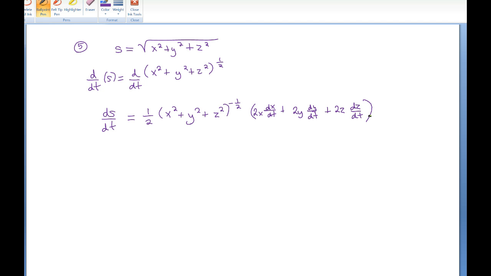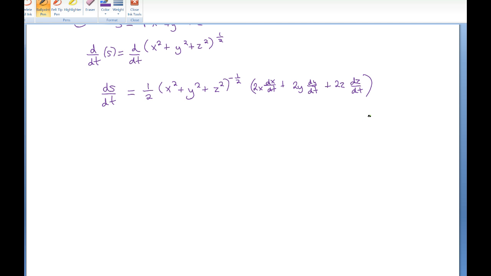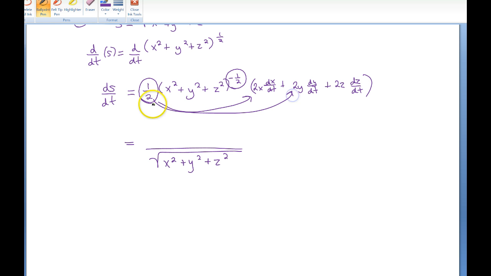That's basically it. Since that has a negative exponent, we put that on the bottom. And then notice the 1/2 and all the 2's would cancel if we distribute the 1/2 to each of those parts, so we get x dx/dt plus y dy/dt plus z dz/dt.